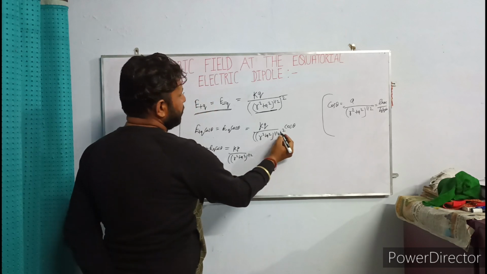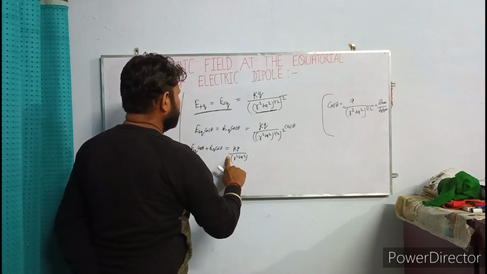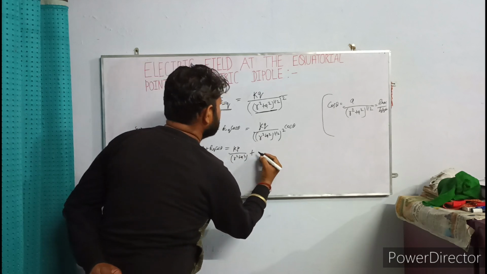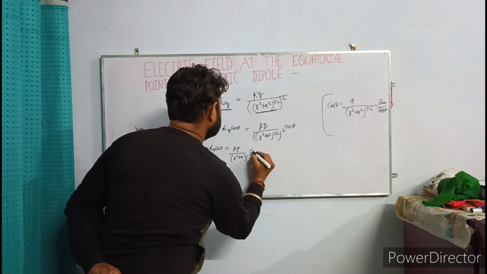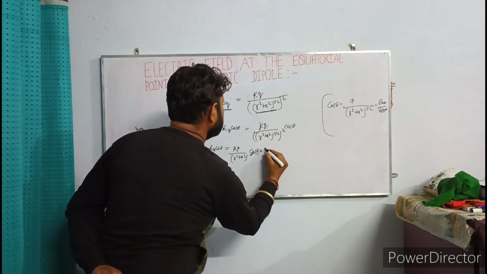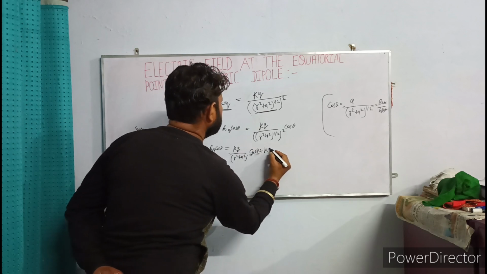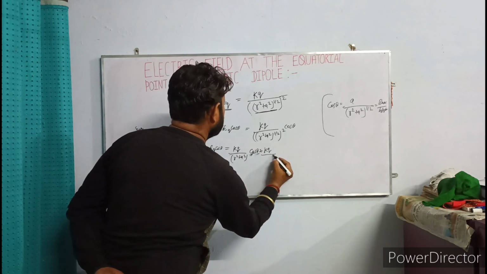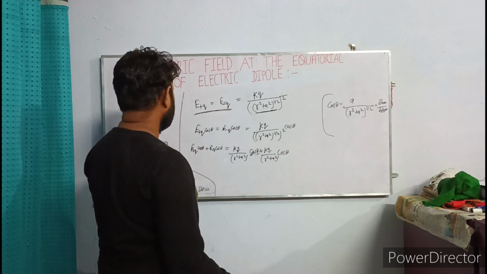Here we can see that if we square, then it cancels, plus kq upon r square plus a square cos theta.